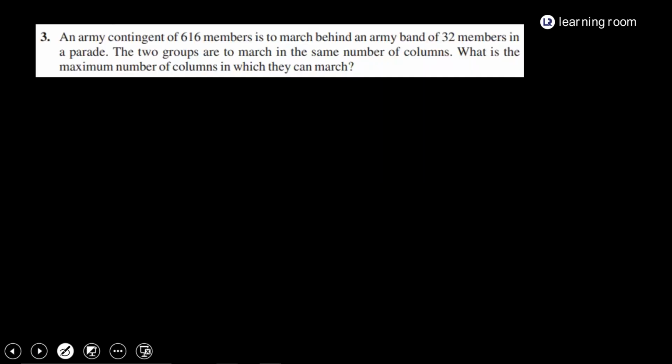Can you try this one? First read the question. Anirudh, can you read the question?